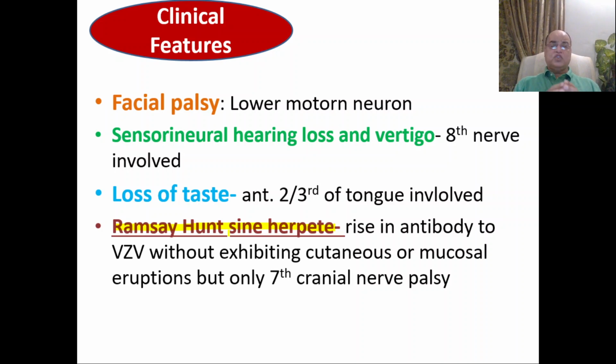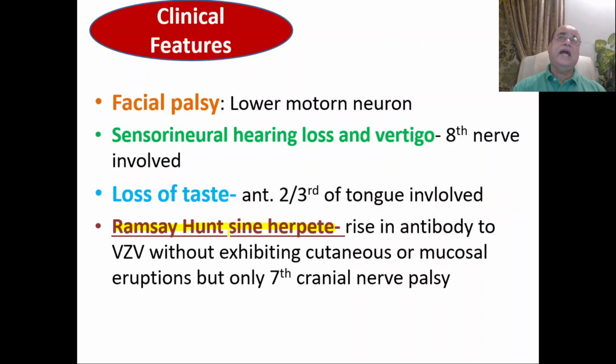Now herpes zoster oticus plus facial nerve paralysis is equal to Ramsay Hunt syndrome. I again repeat, Ramsay Hunt syndrome is equal to herpes zoster oticus plus facial nerve paralysis.